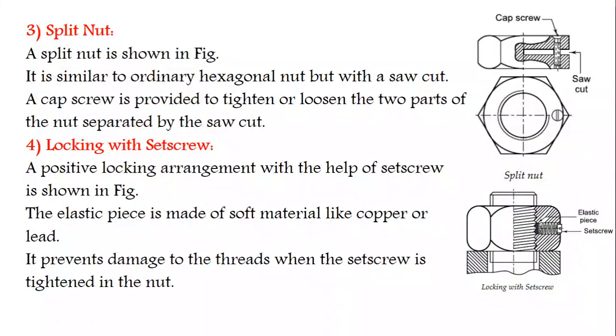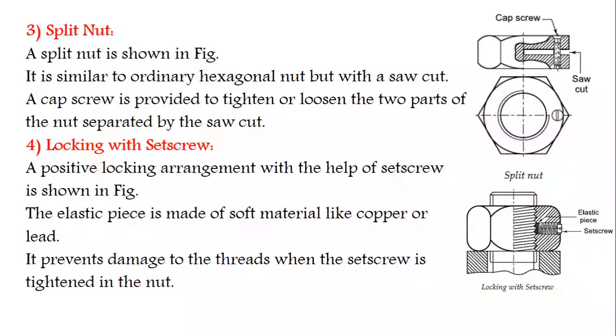A cap screw is provided to tighten or loosen the two parts of the nut separated by the slot. See, the cap screw is used to tighten the two parts of this nut.